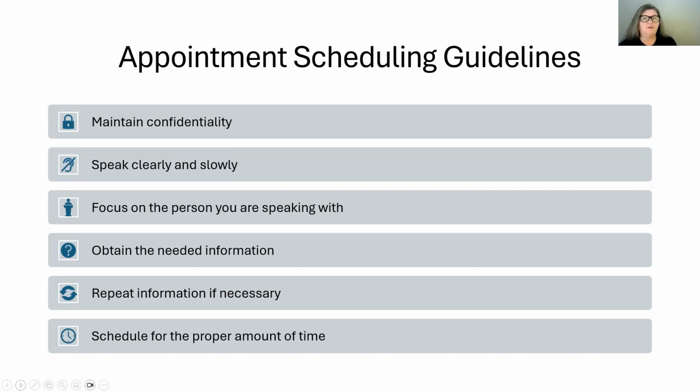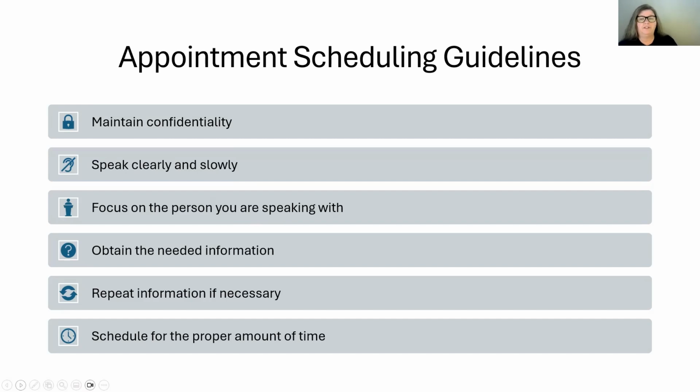You really need to be able to focus on them so that you know you're getting all the information correct, you're conveying the information to them, and you don't wind up misscheduling them because that can cause a lot of hassles for everybody involved. Obtain the needed information and repeat that information if necessary.